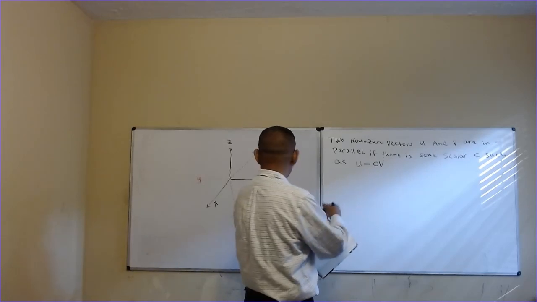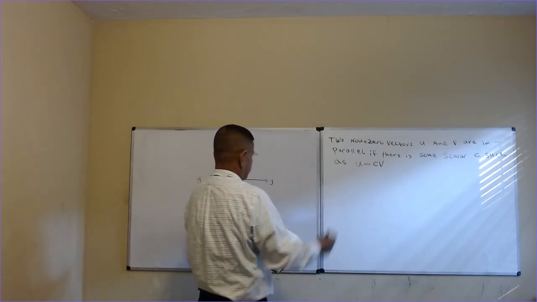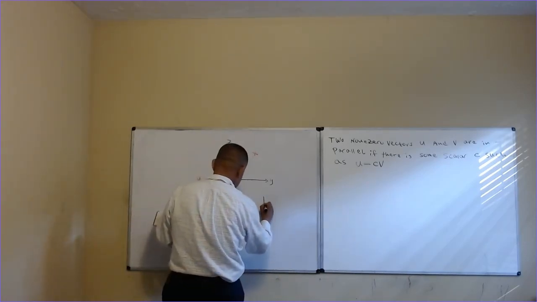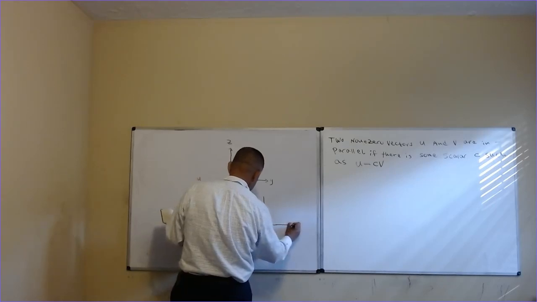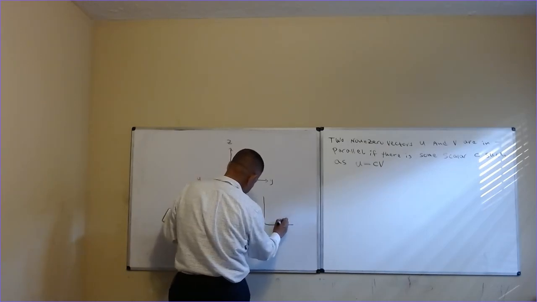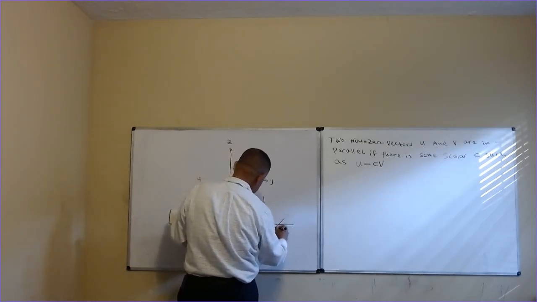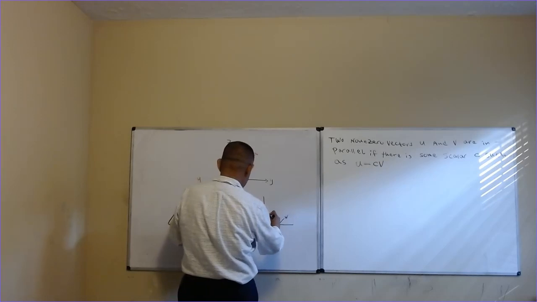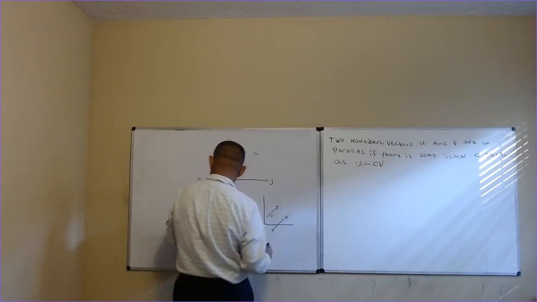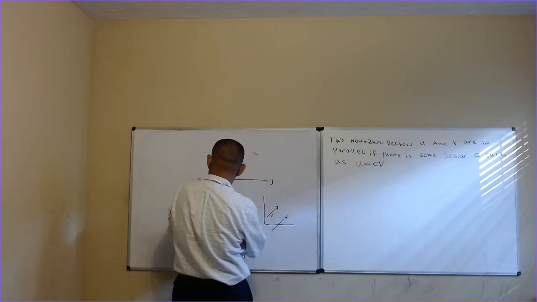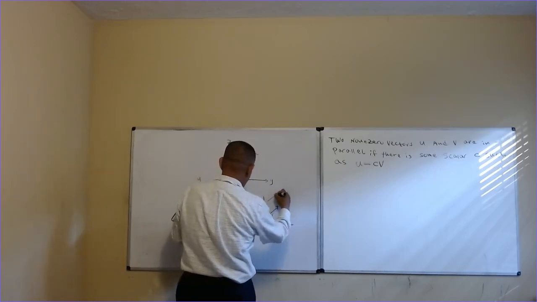Let's say, for example, I have vector W, and I have vector V, and I have vector U going that direction, right?